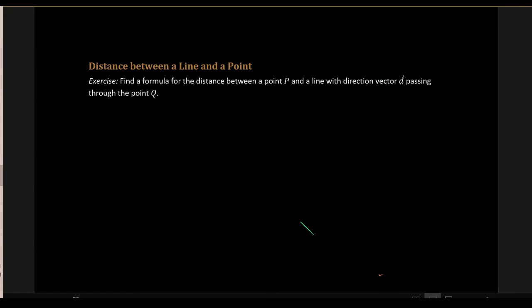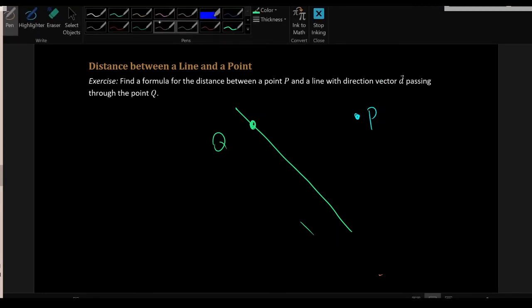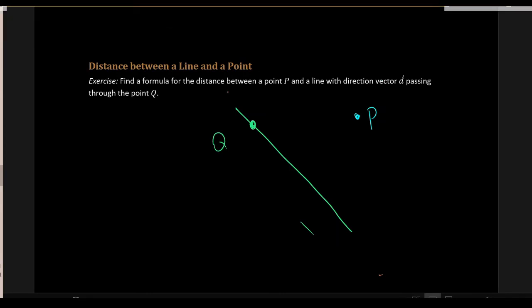We've got some point P in space, and we've got some line also in space, which we know contains the point Q. And we also know that this line corresponds to a direction vector d.